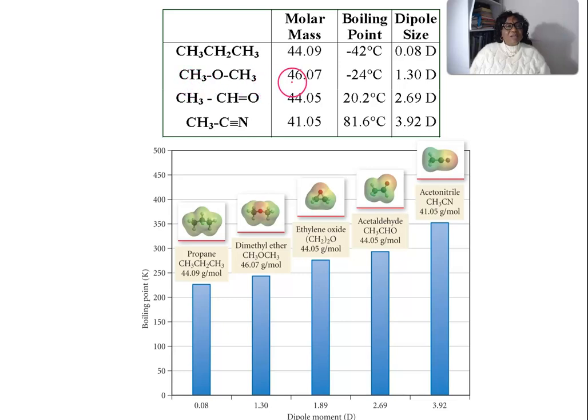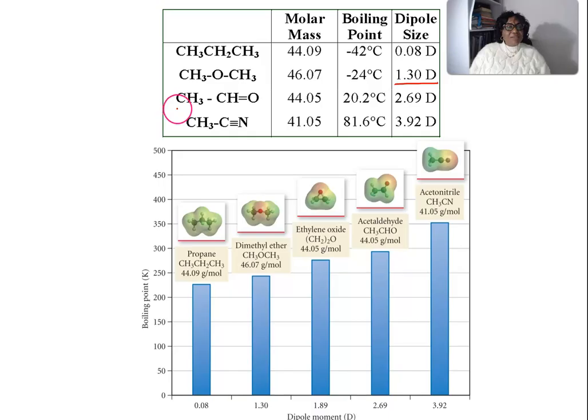Its molar mass is almost the same as that of propane, but its boiling point is far larger than that of propane. Why? Because its dipole moment compared to that of propane is higher. So it makes a difference of about 18 degrees Celsius.